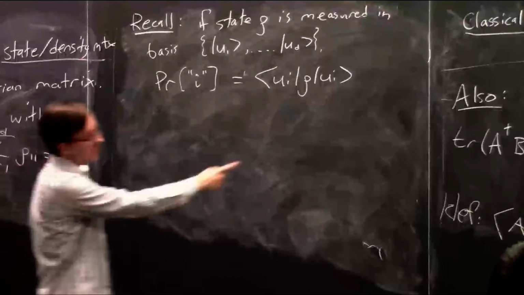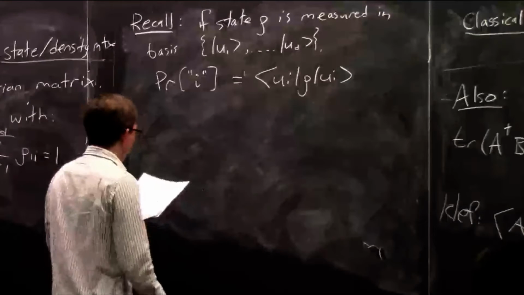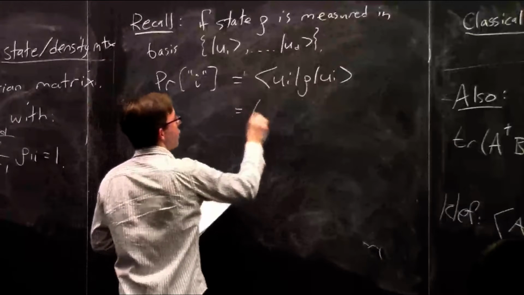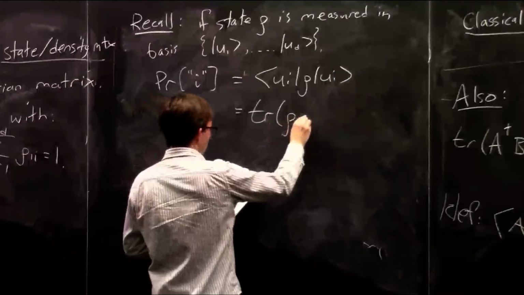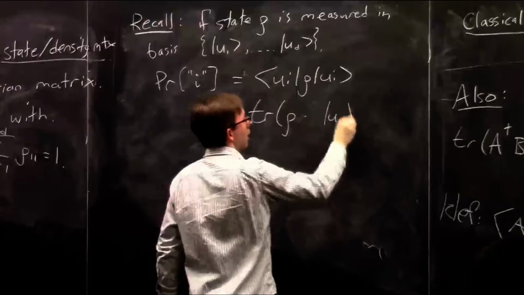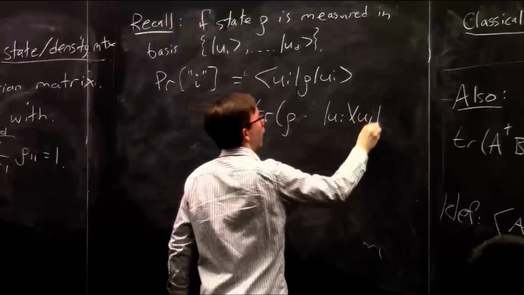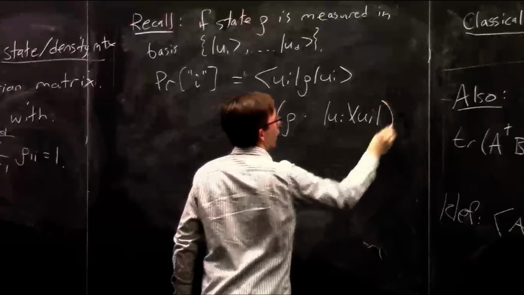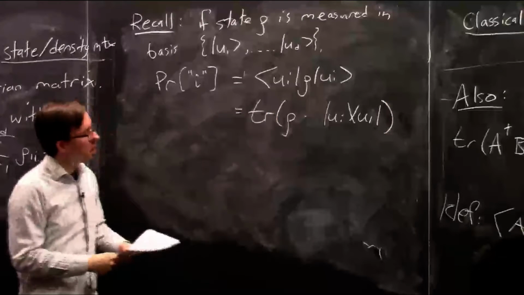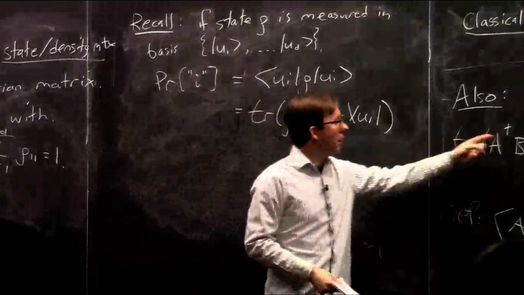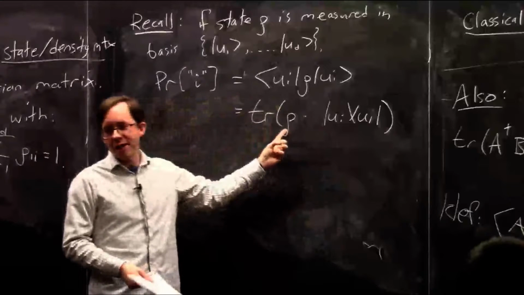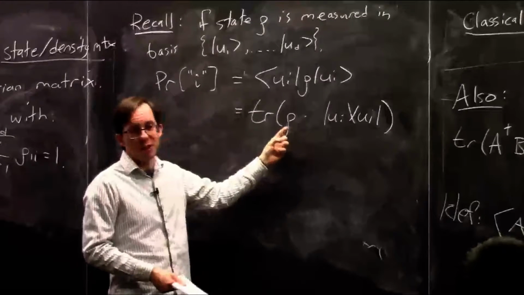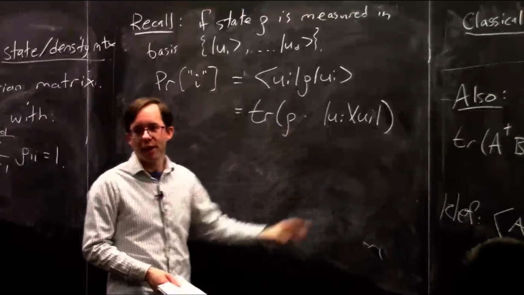And now I'll use this little business to notice that it's the same as trace rho times this matrix. And here, it's an example where you can sort of stop worrying about this dagger. Rho, which is always going to be sitting here, or usually, is a Hermitian matrix because it's a state. So it's the same as rho dagger.